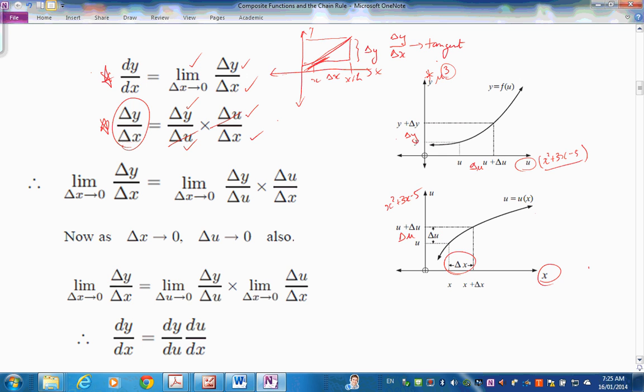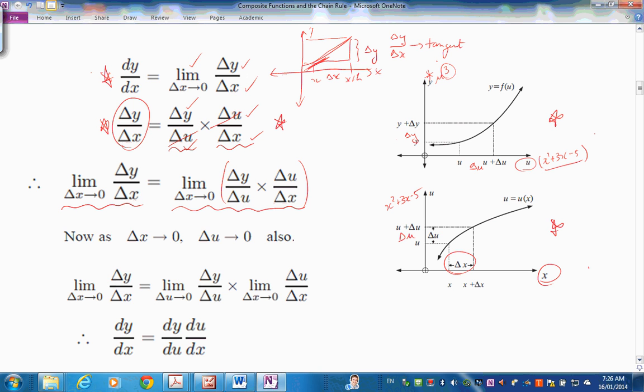So this is a very important line to understand, that the overall rate of change of the function right back with respect to x, acknowledging that there's another function hidden in there, is the product of these two fractions. Now if we take the limit, it's the limit as delta x tends to naught of this. So this is the crucial breakdown of the two rates of change according to these graphs over here.